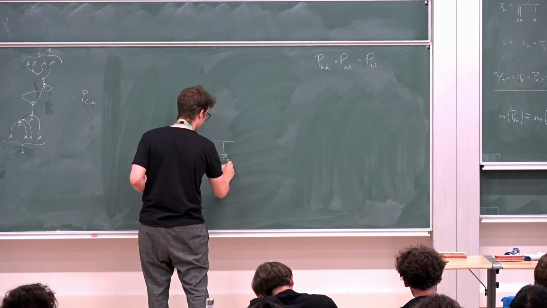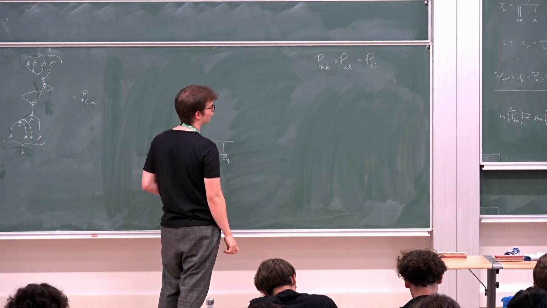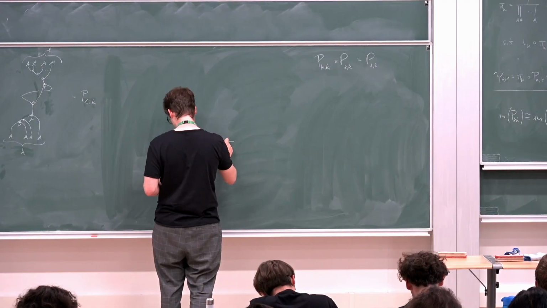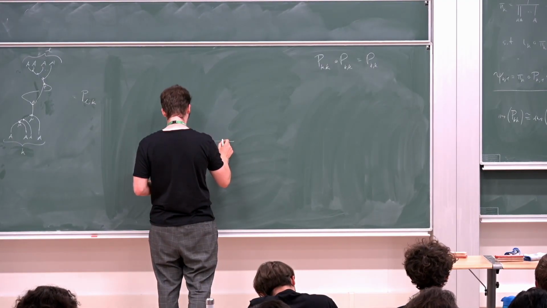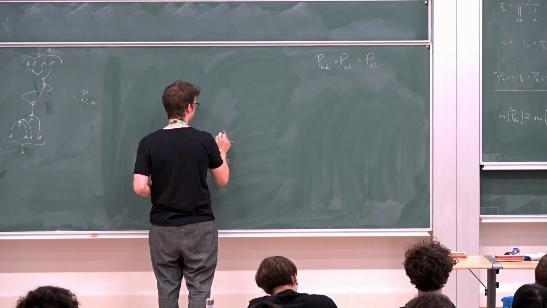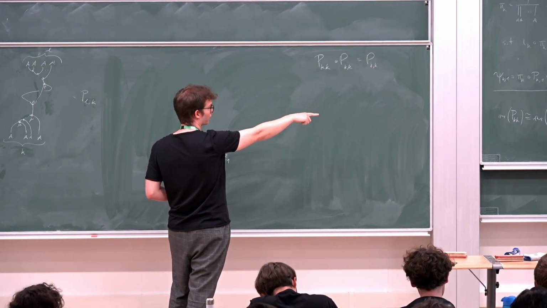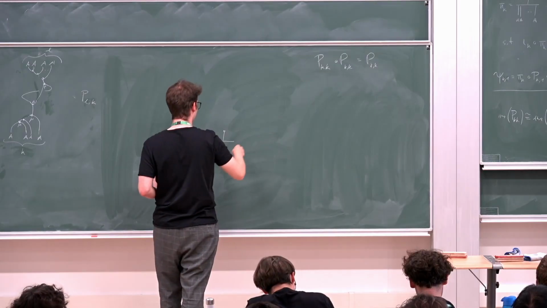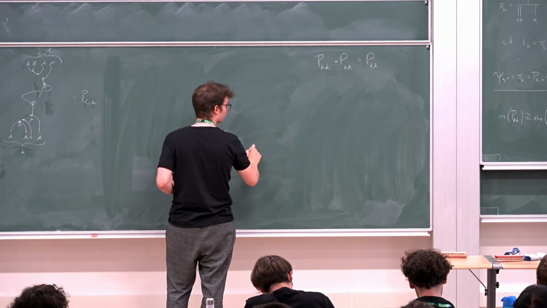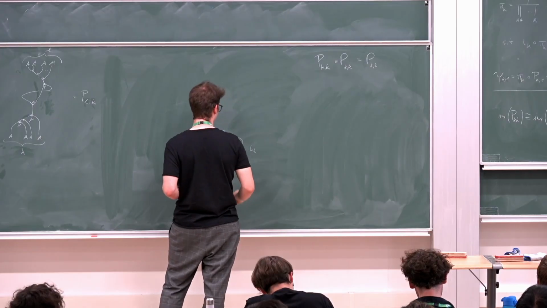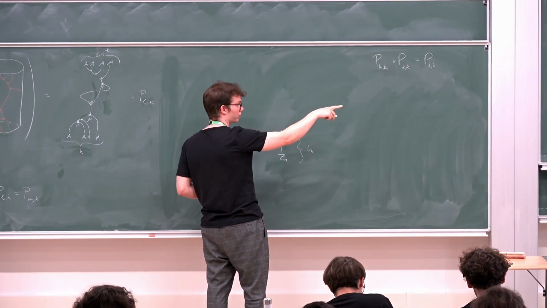So this is z1. And we go further, and then we continue with pk1. So this is iota k, and now we want to write out pk1.